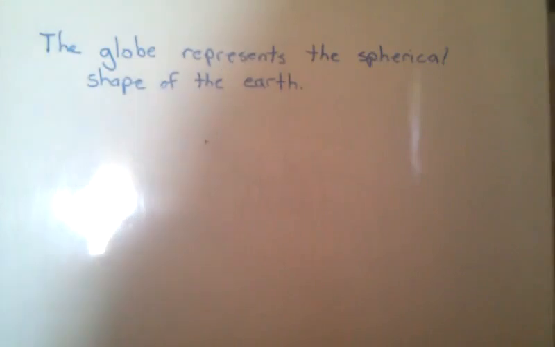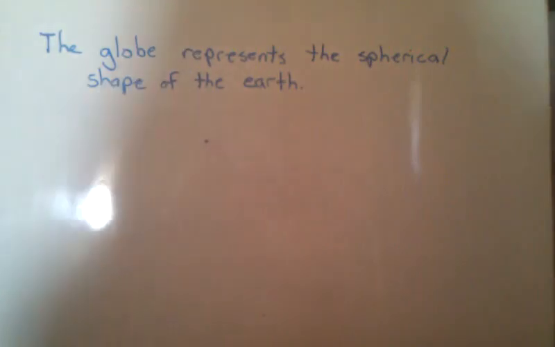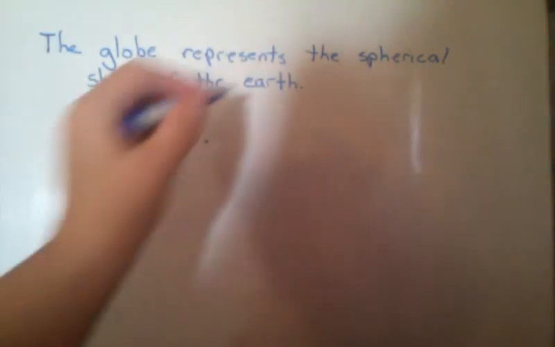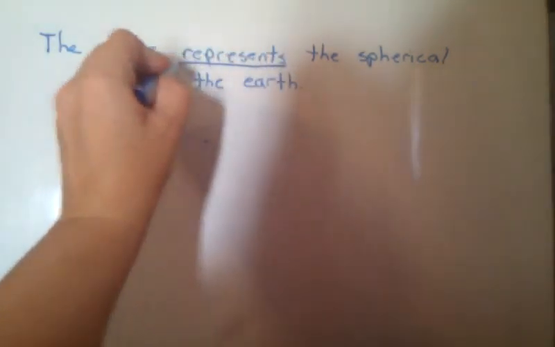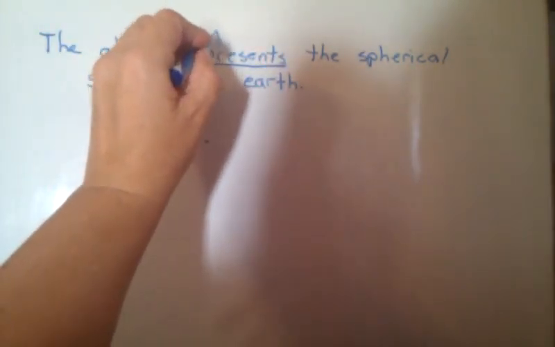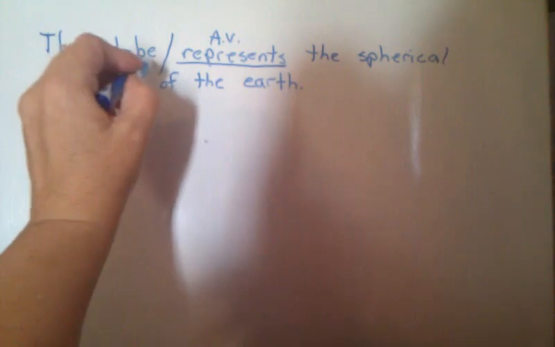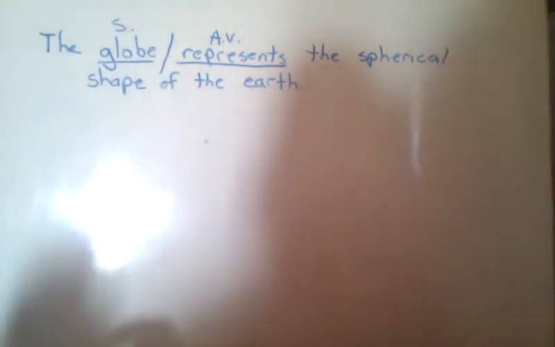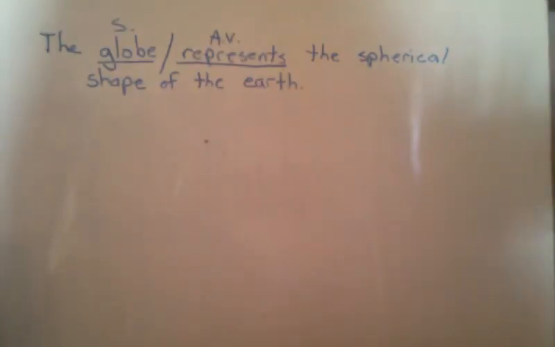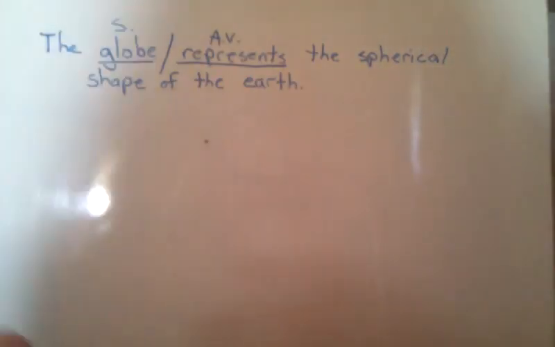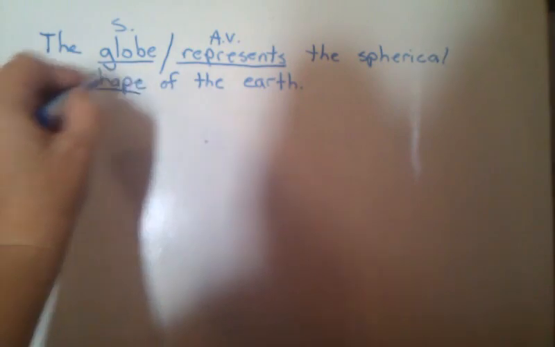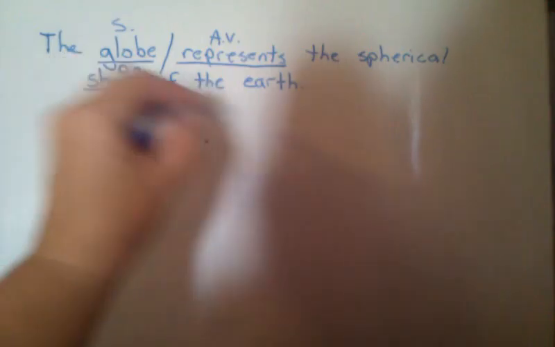Okay. What is my verb? My verb is represents. Can you represent? Yes, you can. So it's an action verb. What represents? The globe. So globe is my subject. The globe represents what? One word. Shape. So shape is my direct object.